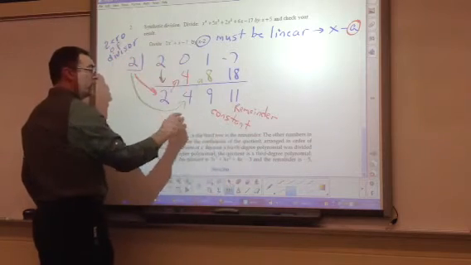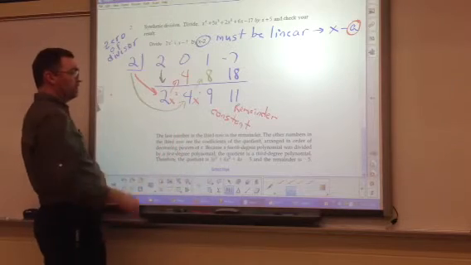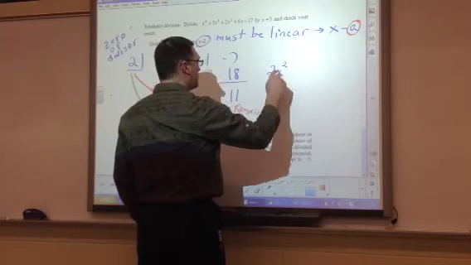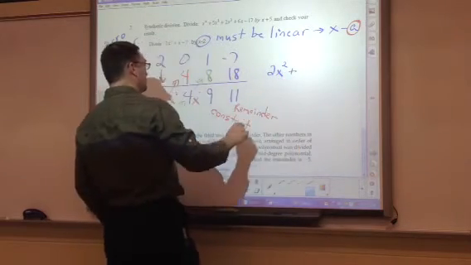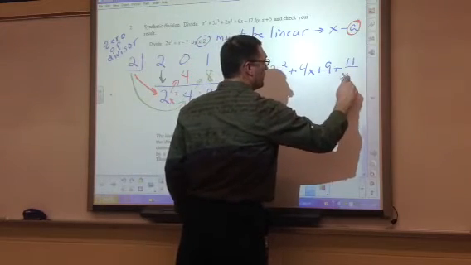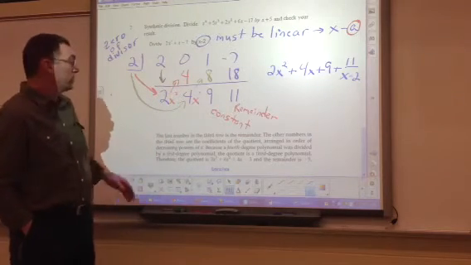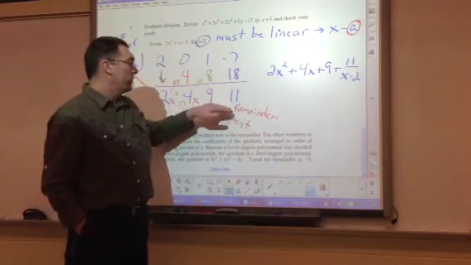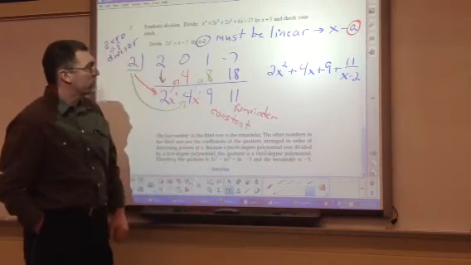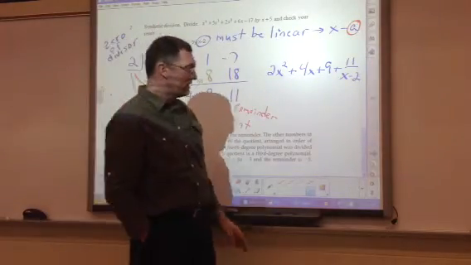Then it goes from there: x to the first power, x to the second power, and so on. So my answer from this would be 2x squared plus 4x plus 9 plus 11 over x minus 2. The exact same answer. So the big, important number here is my remainder. If that remainder is 0, it's a factor. If it's not, then you have to write it as a fraction here. So there's long division and synthetic division.